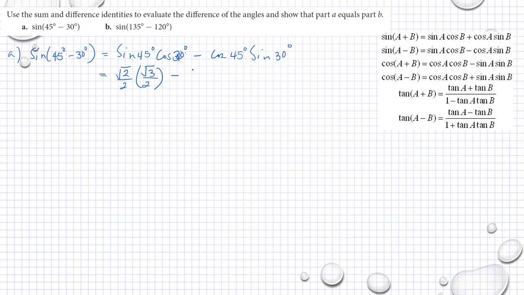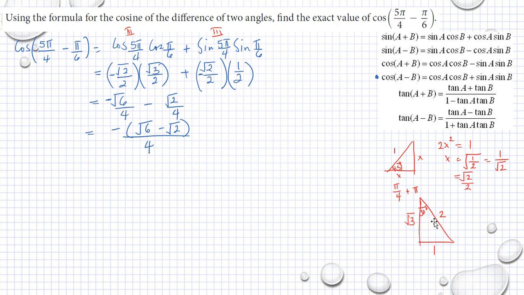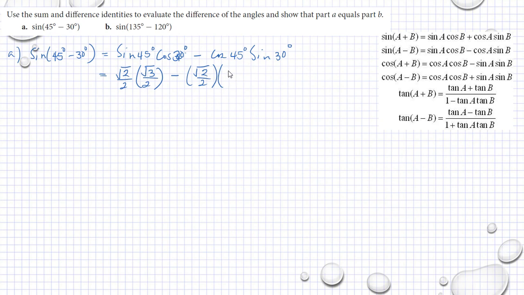Subtracted by cosine 45 degrees, which is the same, square root of 2 divided by 2, multiplied by sine 30, which is 1/2. So we have square root of 6 divided by 4 minus square root of 2 divided by 4.